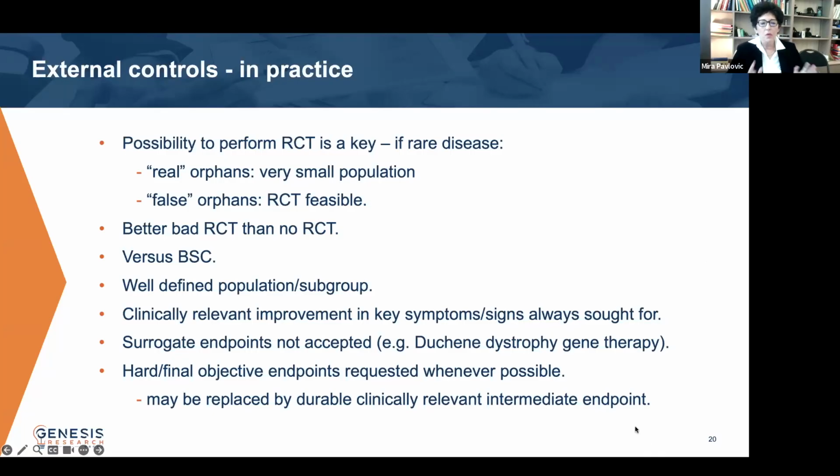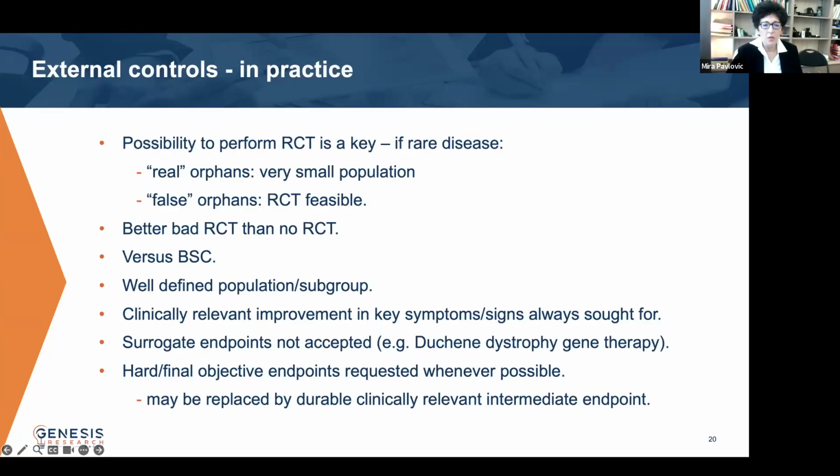So if we are to summarize in one sentence, it's better to have a bad RCT than no RCT. And always versus best standard of care. Of course, in a well-defined population, with clinically relevant improvement that should be shown in key symptoms and signs of a disease, and as objective as possible, meaning that surrogate endpoints are not accepted.